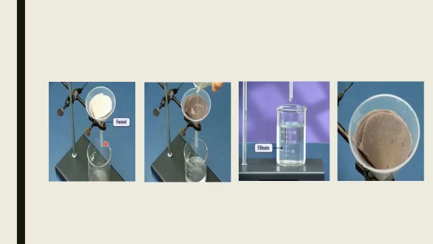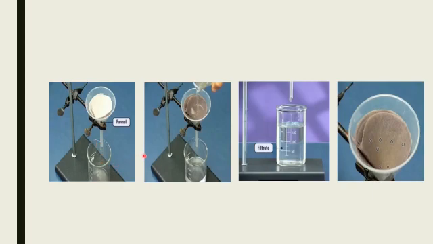Then we will also place a clean beaker right below this funnel. Below this funnel we have kept a clean beaker, and the tip of this funnel should be inside the beaker, right, as you can see in the picture. So this tip of the funnel should be inside the beaker.